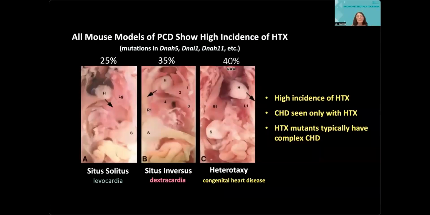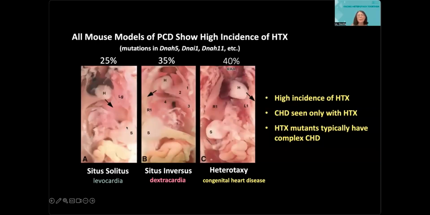And so this finding is kind of surprising because we have looked at several dozen mouse models of PCD in my lab over the years, and we show that they all have a high incidence of heterotaxy. So in a DNAH5 mutant model, data shown here, we can see 40% have heterotaxy, 25% situs solitus, 35% situs inversus.